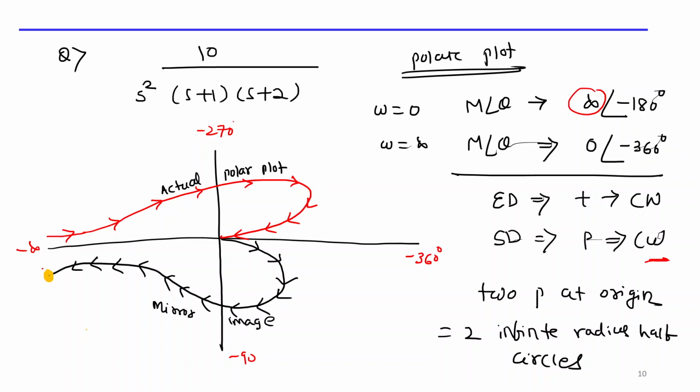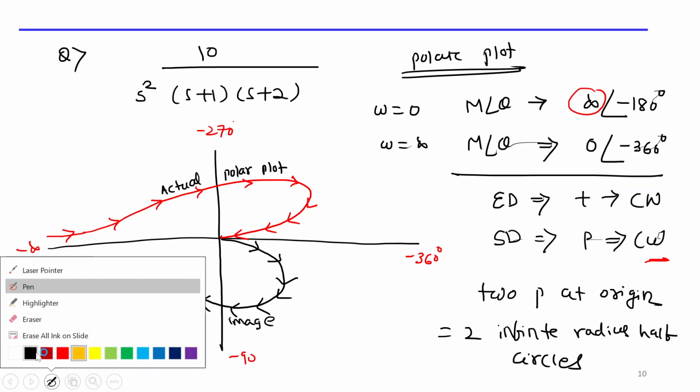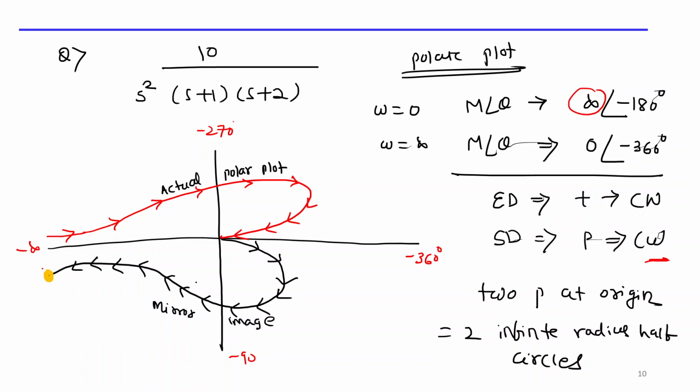I'm just putting a yellow color. Here you have to start your infinite radius half circle, but in which direction do you have to move? You have to move in the clockwise direction. I told you that the infinite radius half circle is always clockwise. So move one infinite radius half circle. I already moved one, but another is there, so two.